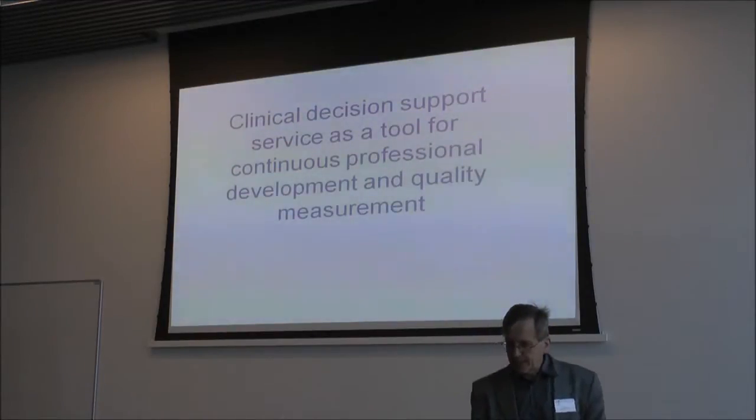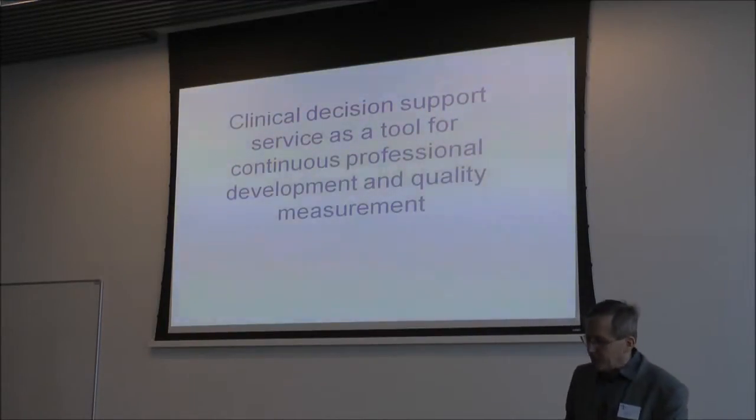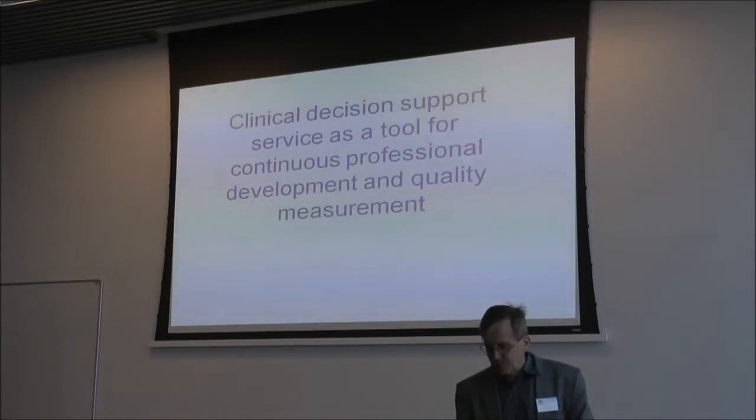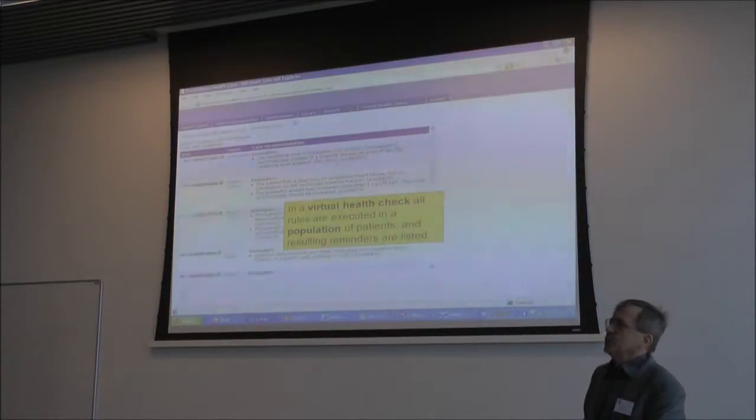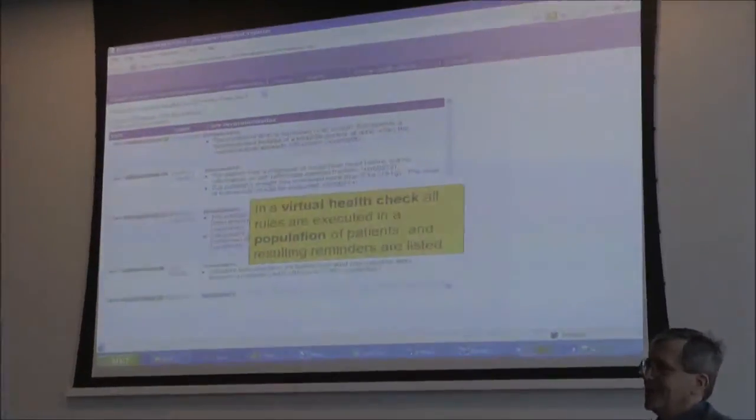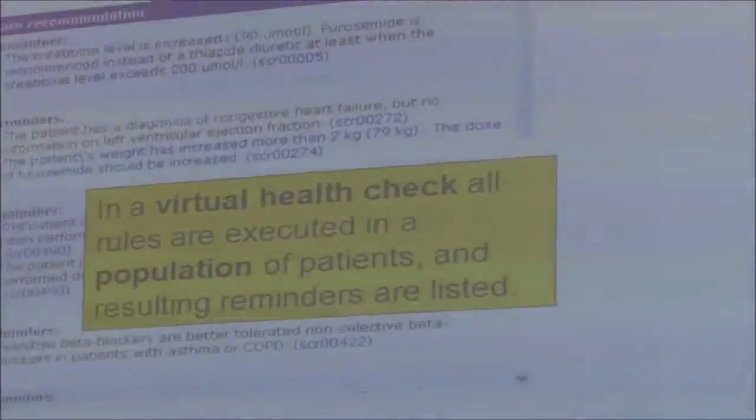Okay, then something about how we can use this in quality measurement and in continuous professional development. What I showed in this testing interface was that you use decision support for one individual patient. But what about running the rules for the panel of patients?